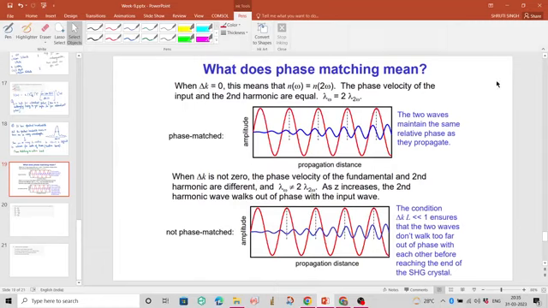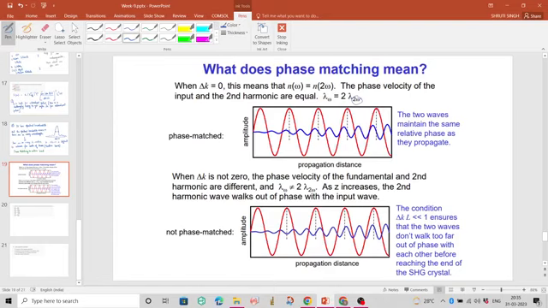When delta k equals to 0, and this phase matching condition we had seen in the previous session, that the refractive index of our fundamental should be equal to the second harmonic. That is, the phase velocity of the input and the second harmonic are equal, and lambda omega is equal to 2 times the lambda of 2 omega, the second harmonic. 2 omega is the second harmonic.